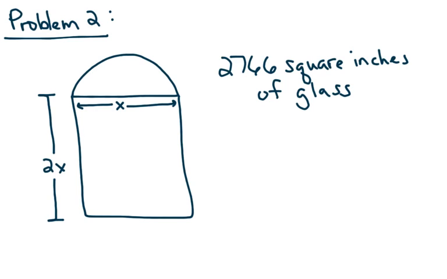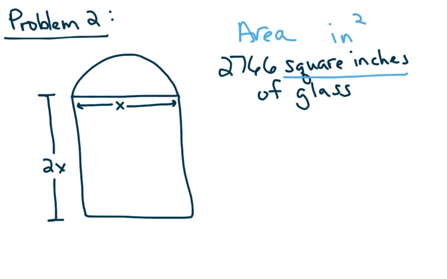Because they told me that we're using 2,766 square inches of glass, and square inches is a unit of area, I'm going to use the area formulas for a rectangle and a circle in order to write an equation to solve.